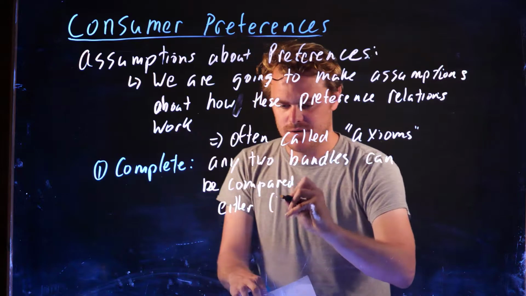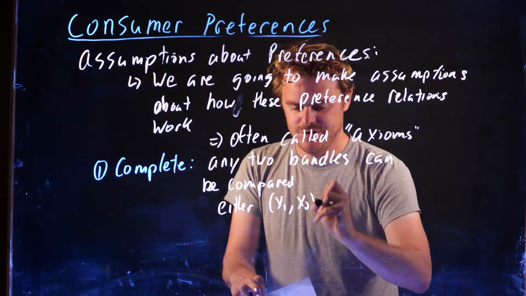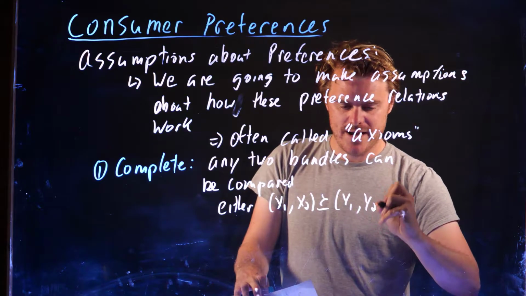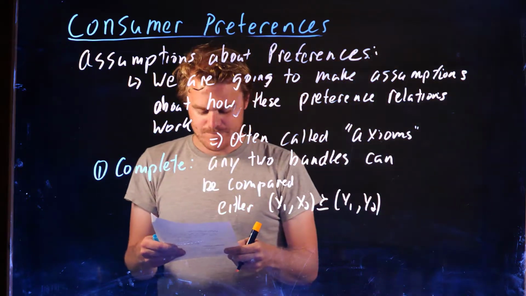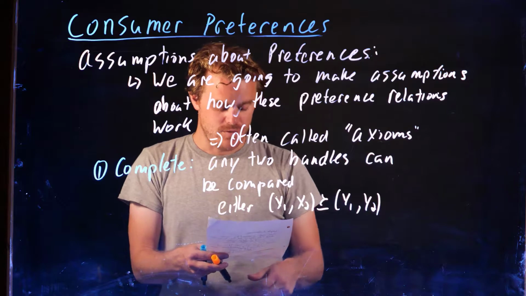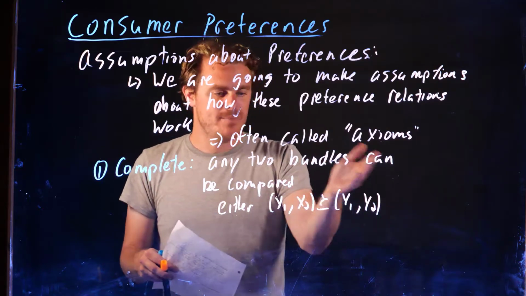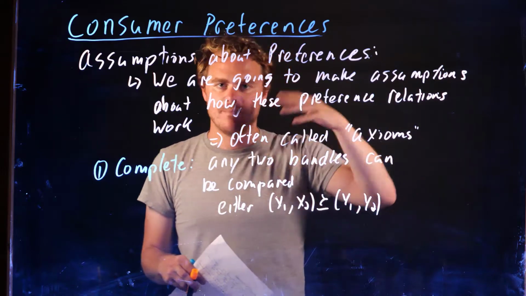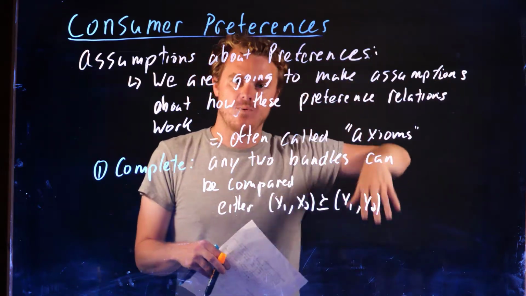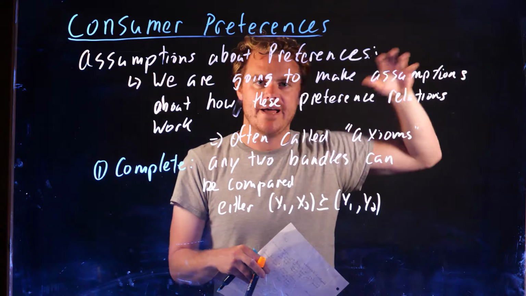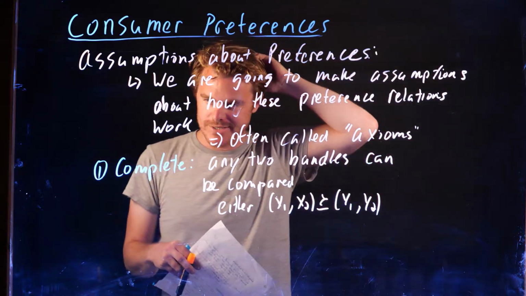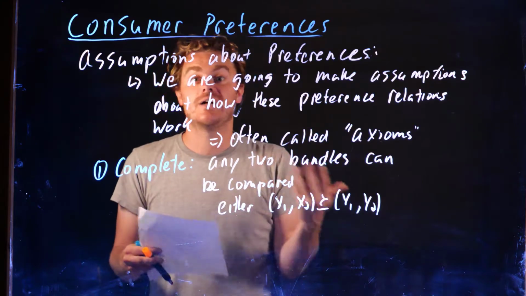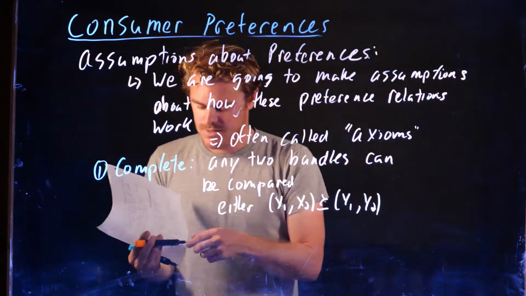For instance, either x1, x2 is weakly preferred to y1, y2, or the reverse, or both. If there's a bundle z, we can compare x to y, y to z, and z to x, and so forth. This doesn't seem like a crazy assumption. We're just assuming we can actually compare these bundles.